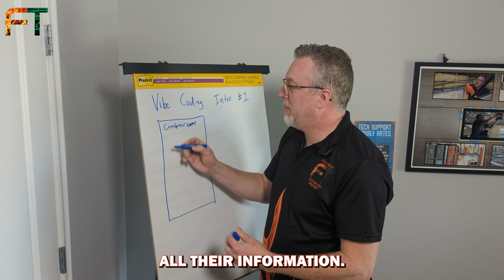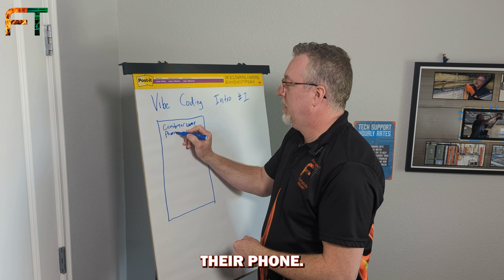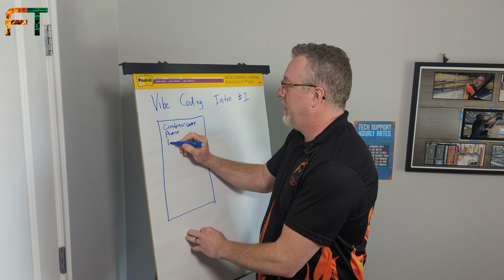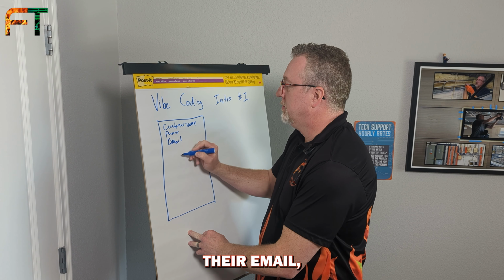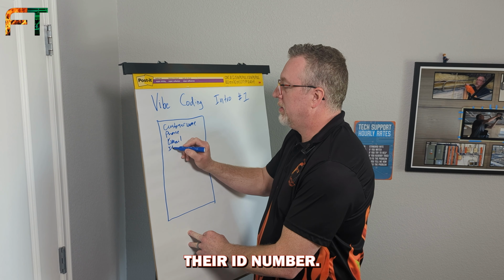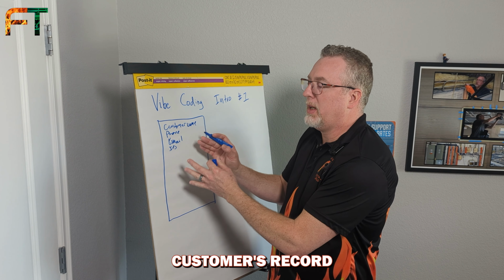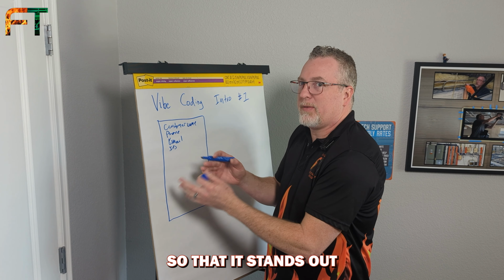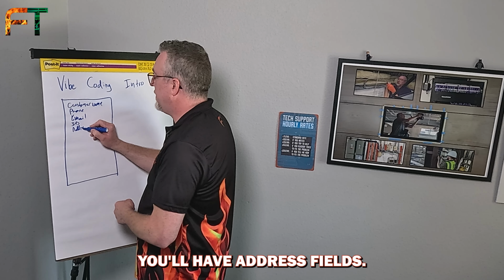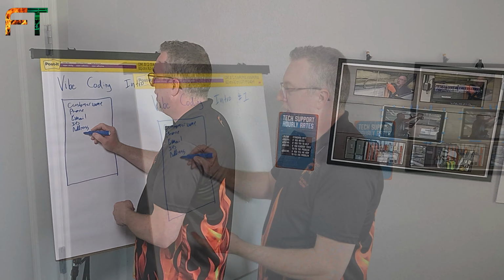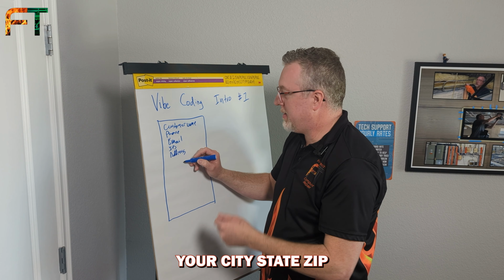Then you're going to have all their information. You're going to have their phone, their email, their ID number. And that's just a unique number given to every customer's record so that it stands out from all the others. You'll have address fields. That's going to be your address, your city, state, zip, and all of that.